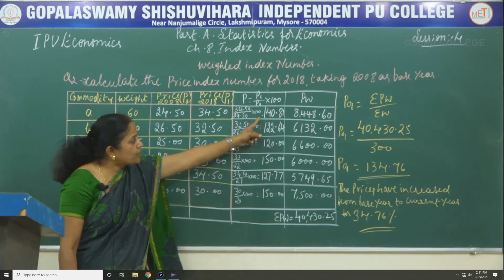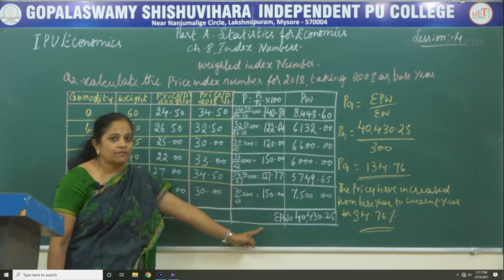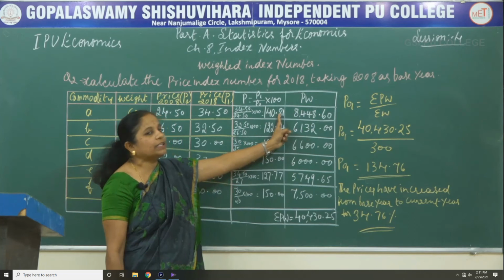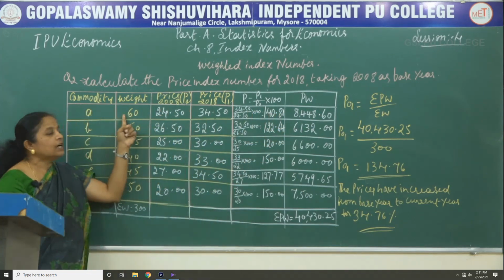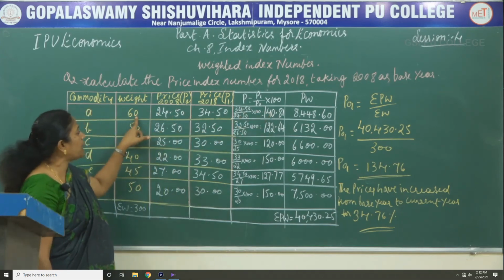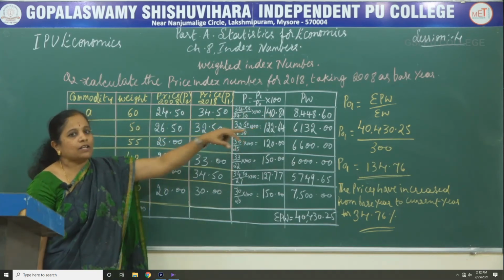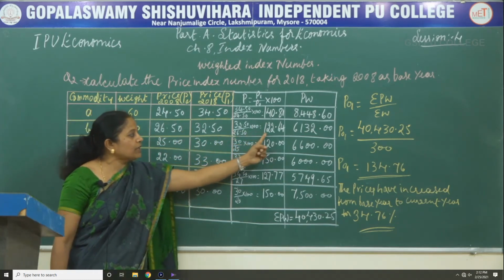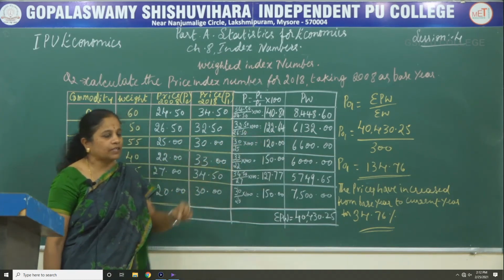So when we obtain these individual price values, to obtain the price weights, we should multiply these individual values with the respective weights. So 140.81 multiplied by 60 is 8448.60. 50 multiplied by 122.64 is 6132.